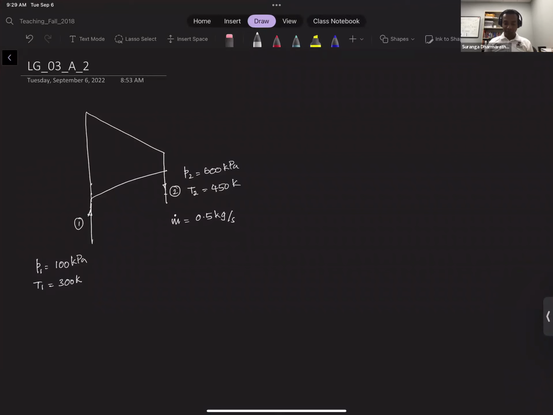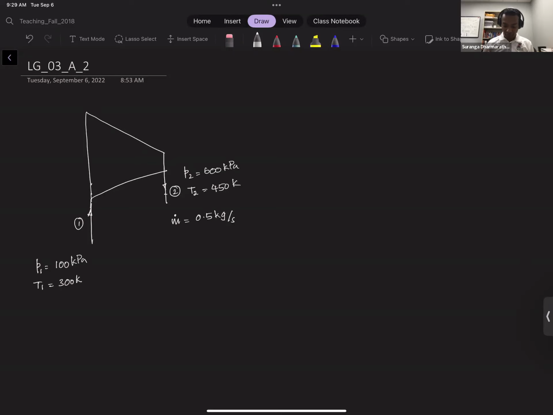To find the volume flow rate, we have the mass flow rate. If you find the specific volume at that state, you'll be able to find the volume flow rate. Or we can find the density, then we can also find the volume flow rate.